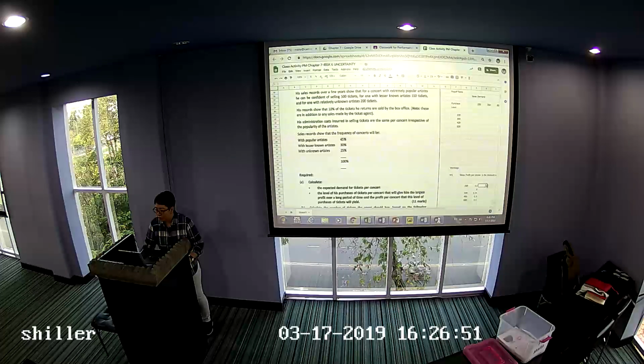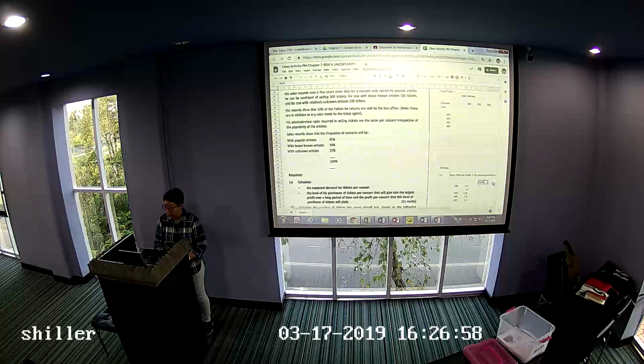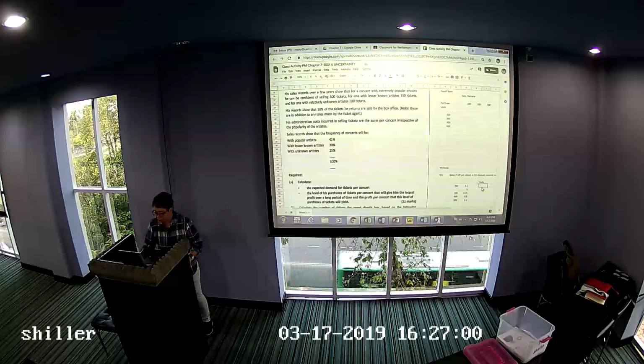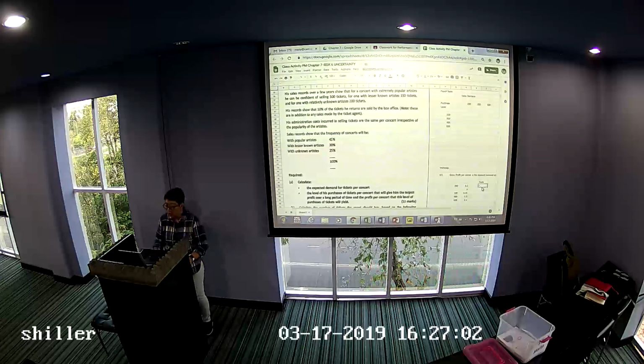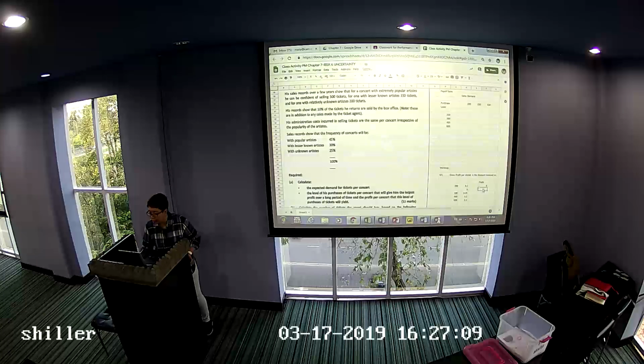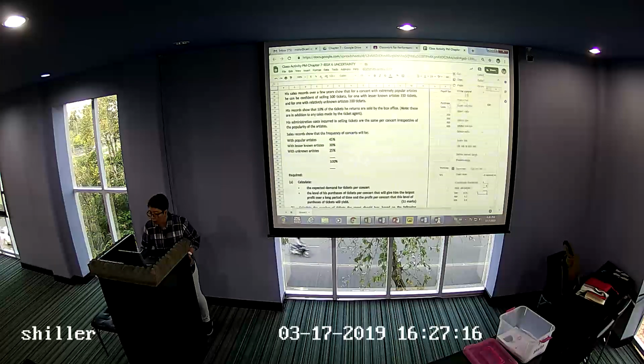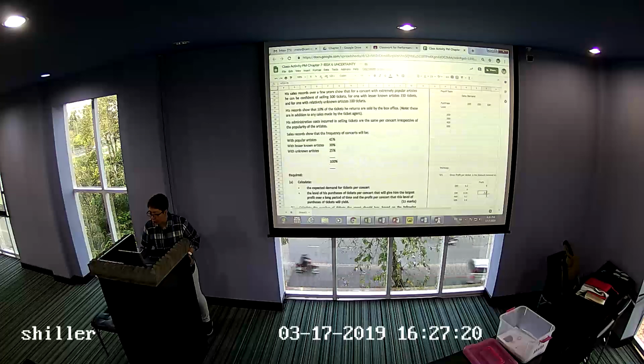So if the selling price is 30, how much profit does he make per ticket? This one here, multiply by 30, so you get $6, correct? Next one. The other one is 7.5 and the other is 12.